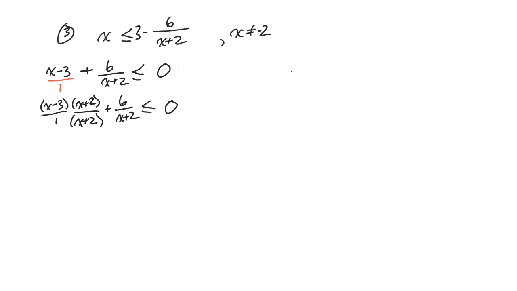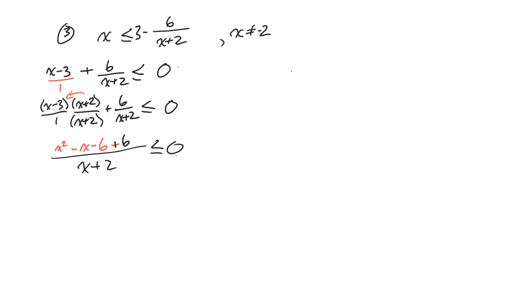When we take the x plus 2 and multiply into the top half of that equation, you're going to get x squared minus x minus 6, and then we have plus 6, and that's just the numerator because all we did was expand, and then we're divided by x plus 2, which is less than or equal to 0.